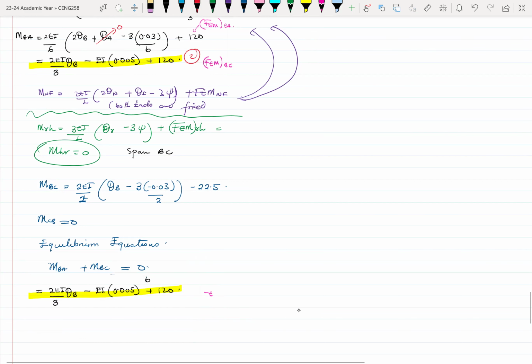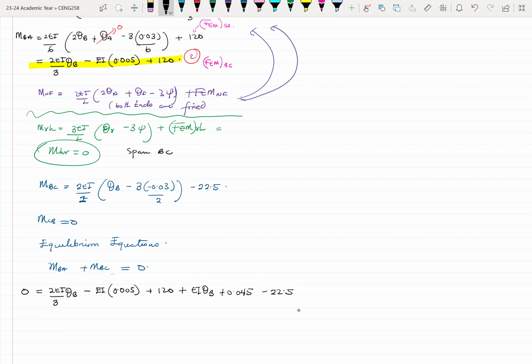Let me take some of the values away. So this is your MBA plus MBC, which I expand as EI theta B, minus, so it becomes plus 0.045, then minus 22.5. All of this is equal to 0.